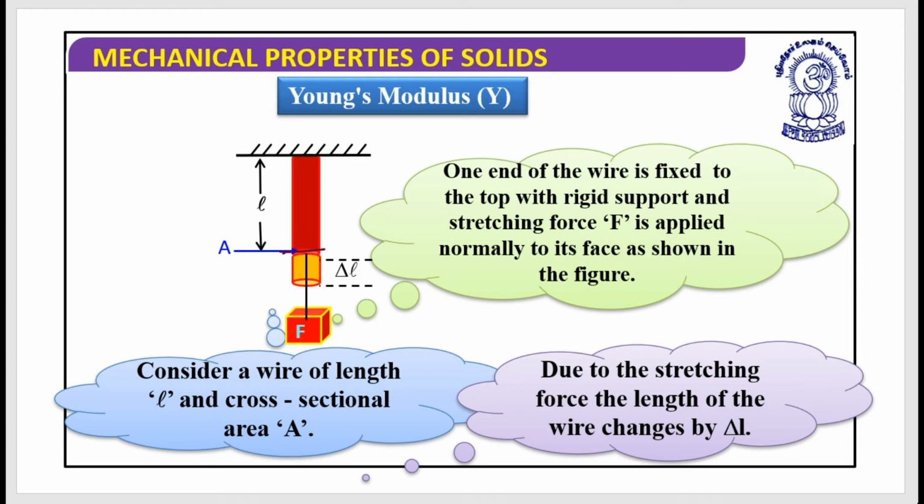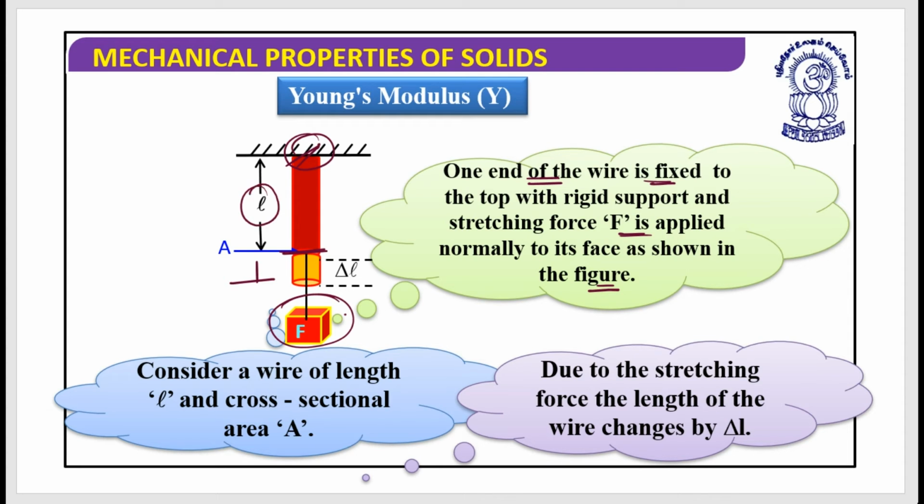So let's understand what Young's modulus is, and look at this diagram. We can see that one end of the wire is fixed to the top with a rigid support, and a stretching force F is applied, normally perpendicular to its faces as shown in the figure.